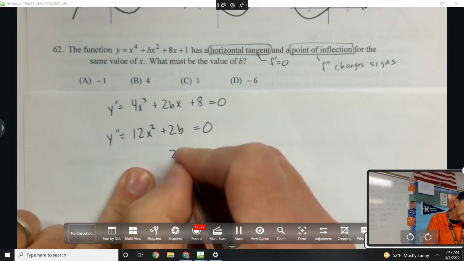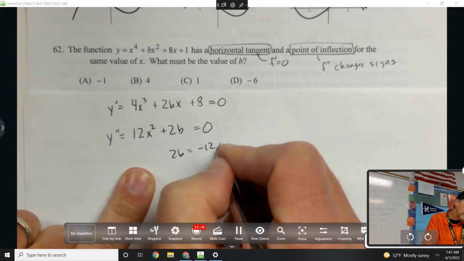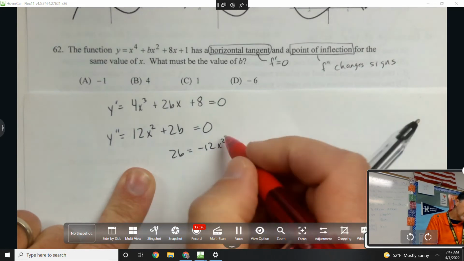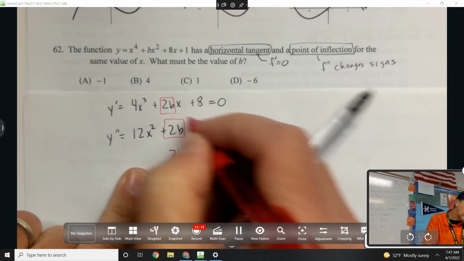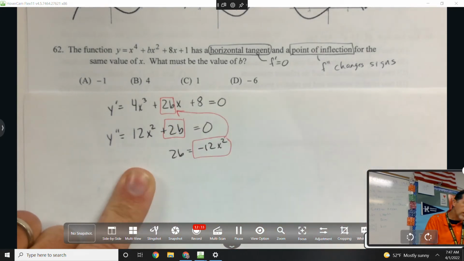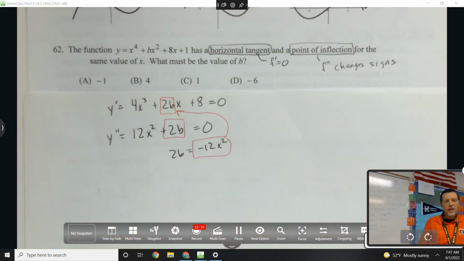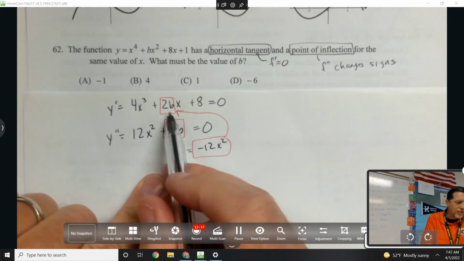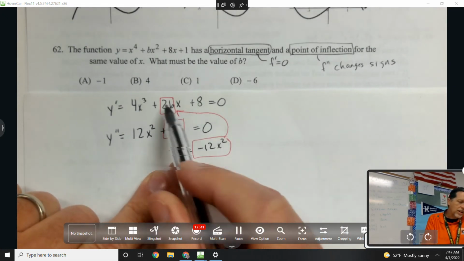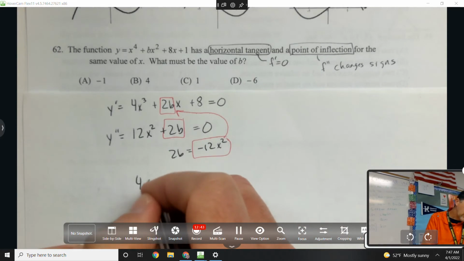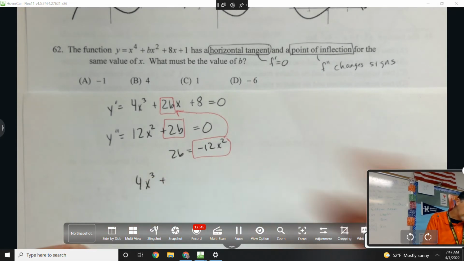2b equals negative 12x squared. And I see there's a 2b in the first equation. So I'm going to replace, I guess I should solve for b, but I just conveniently see that there's a 2b, so I'll just solve for 2b and stick negative 12x squared in for 2b.